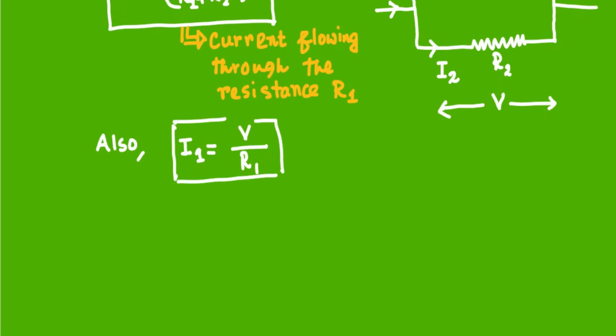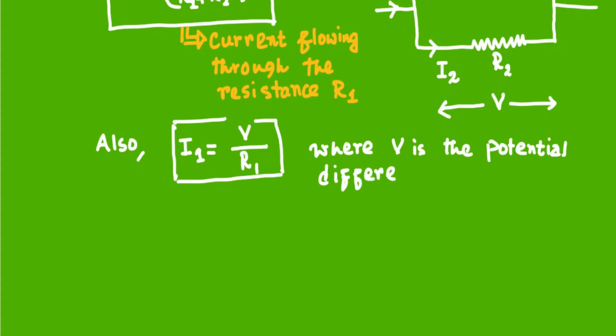I1 has another expression where V is the potential difference across the resistance R1 or R2.